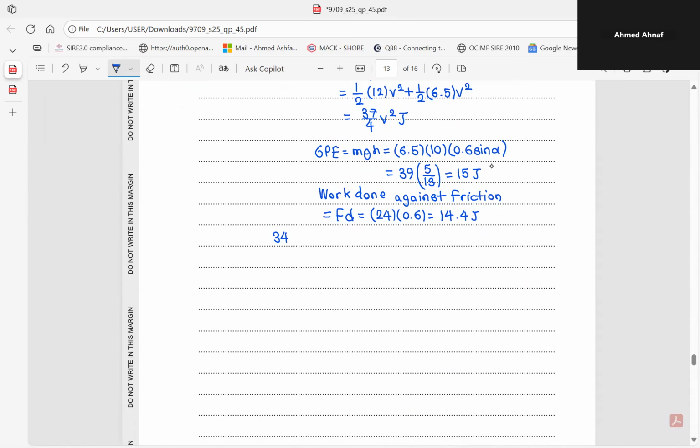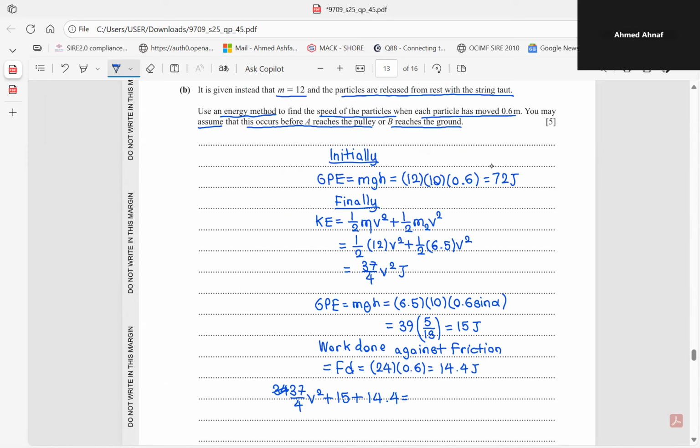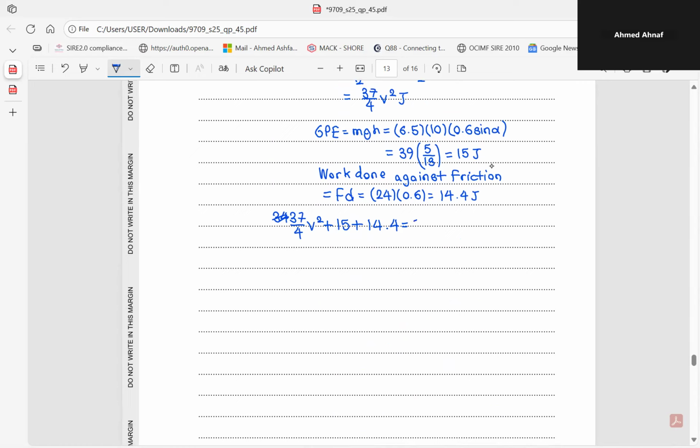And now we can equate all this. So we add up all the final energies. It's 37 over 4 v squared plus 15 plus 14.4 equals 72 joules. So 37 over 4 v squared equals 72 minus 15 minus 14.4. You will get 213 over 5.